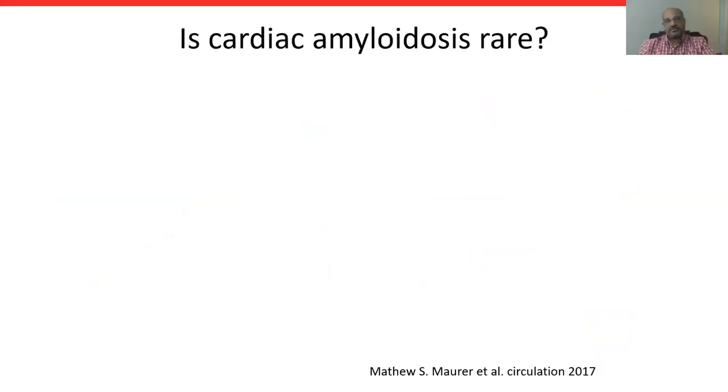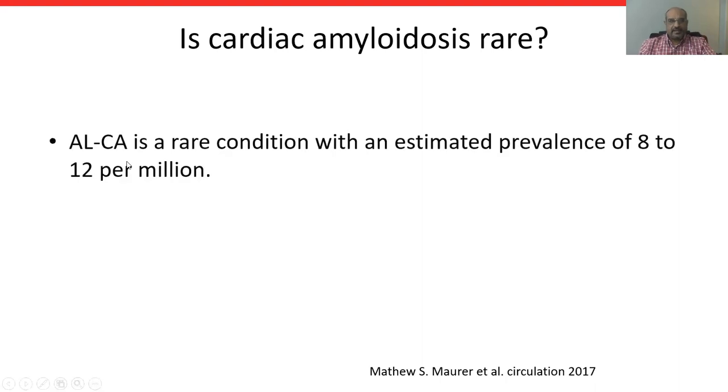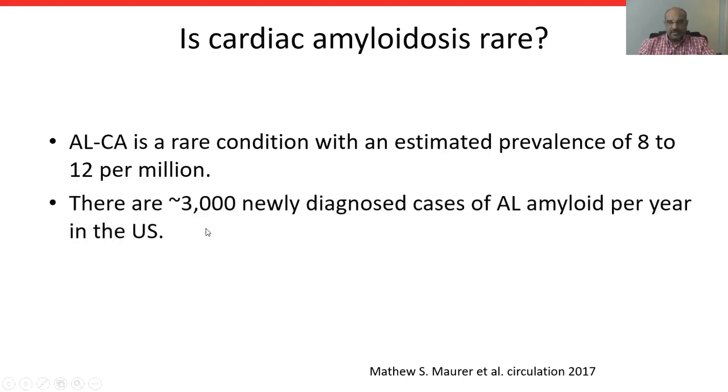Is cardiac amyloidosis rare? AL amyloid is rare. It's a rare condition with an estimated prevalence of 8 to 12 per million. There are around 3,000 newly diagnosed cases of AL amyloid per year in the United States.